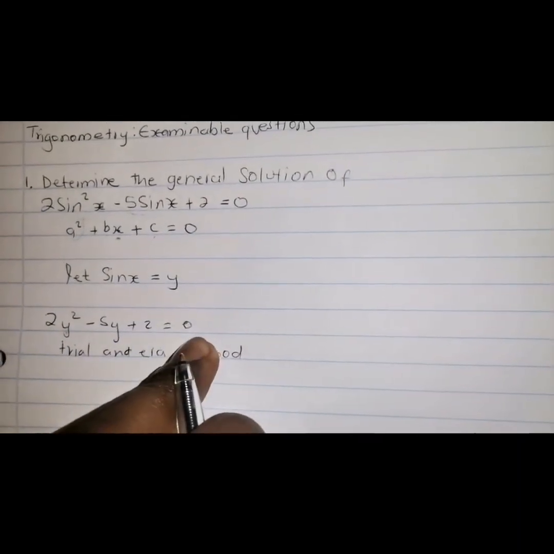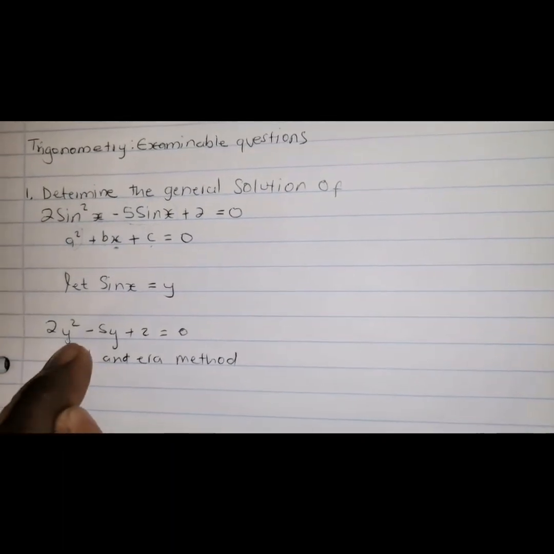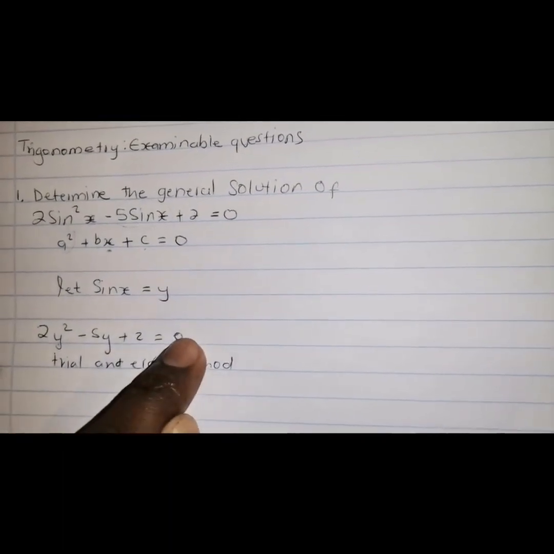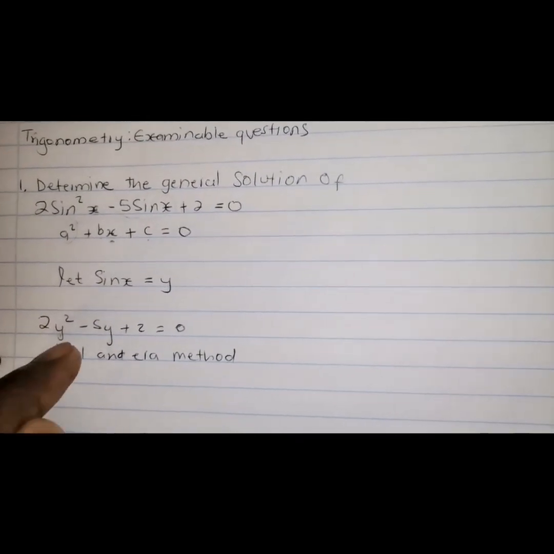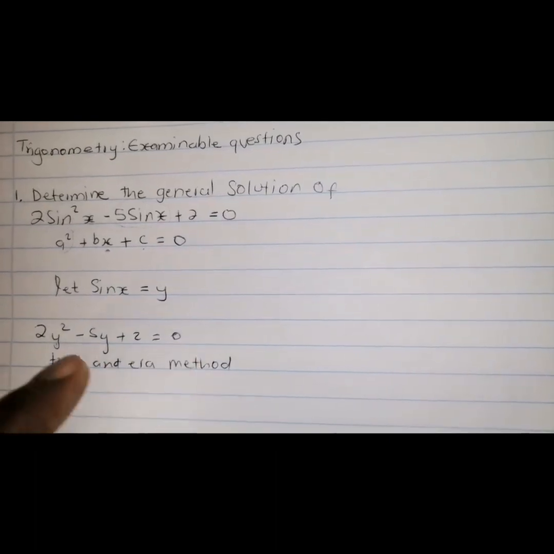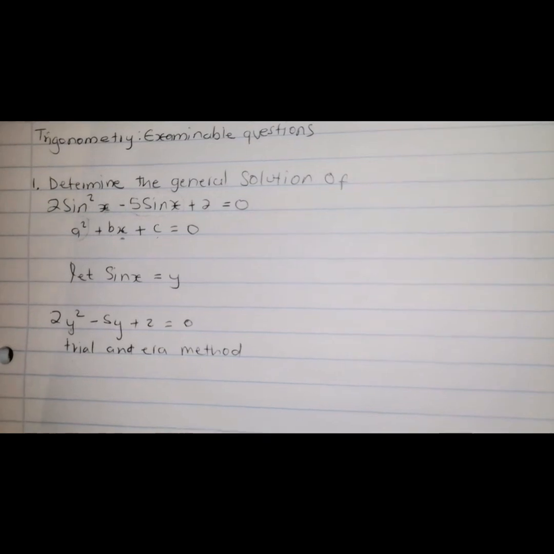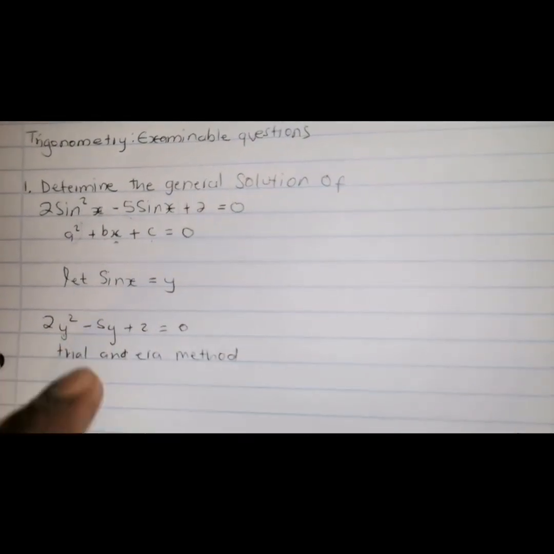Then if it does not give me 0, I go to 1. If I put in 1 here and it does not give me 0, I go to -1. If -1 does not give me 0, I go to 2, until you get a number that gives you 0.